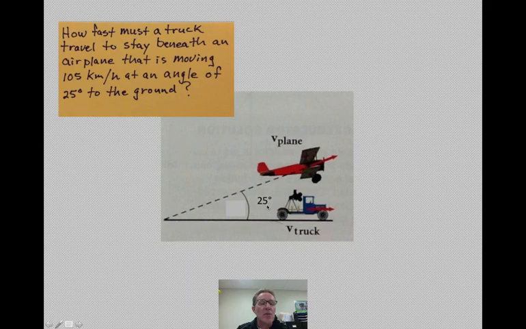In this case, the airplane is flying 105 kilometers per hour at an angle of 25 degrees to the ground. And we need to know how fast the truck needs to be traveling to stay even or keep up with the airplane. So essentially we need to find the horizontal component of this vector of 105 kilometers per hour.